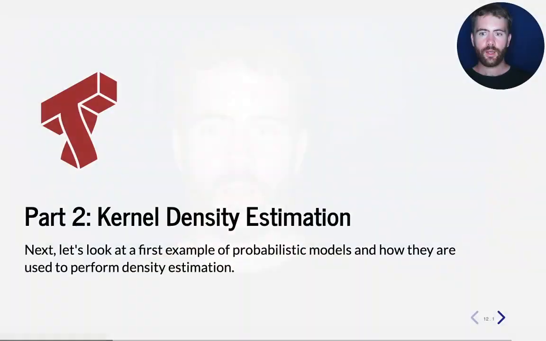We are now at part 2 of lecture 17, and in this video, we're going to look at a first technique for performing density estimation called kernel density estimation. We previously defined what a probabilistic model is, and we defined an objective for learning probabilistic models.